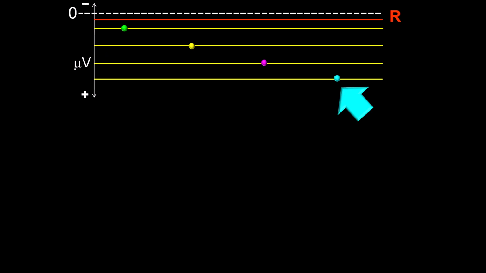The aqua dot represents the most posterior positioned electrode by virtue of its distance from the vertical line, and it also represents the maximal positivity since it is the furthest electrode from the zero line.